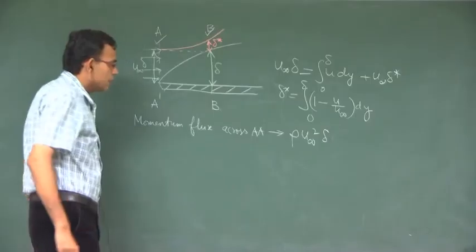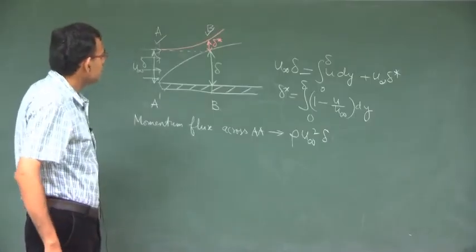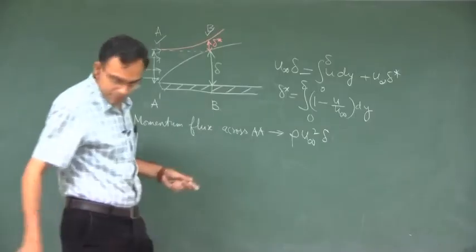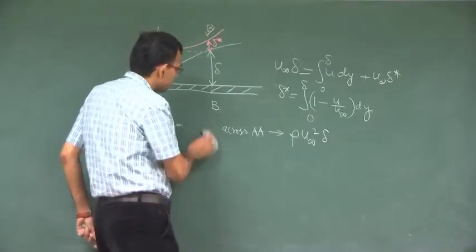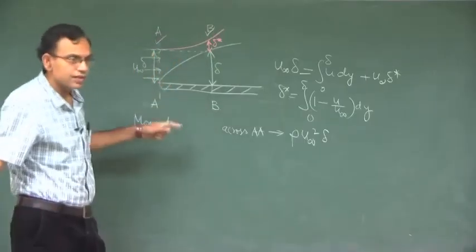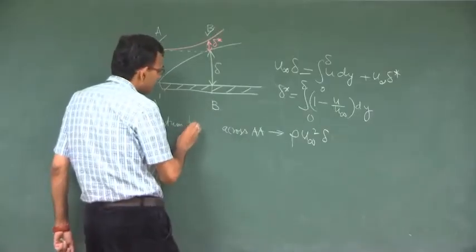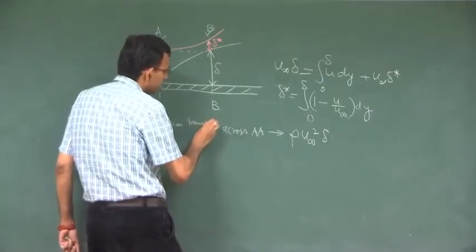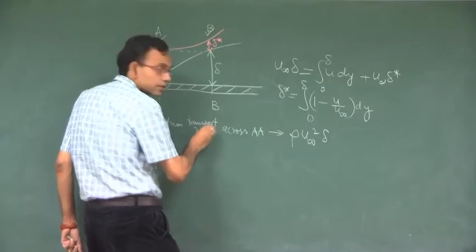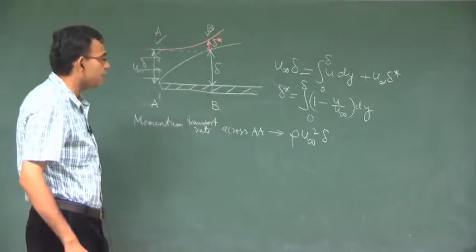If you call it momentum flux, better not to call it flux, because then that has to be expressed per unit area. So, momentum transport rate, that is a more accurate term, per unit width.